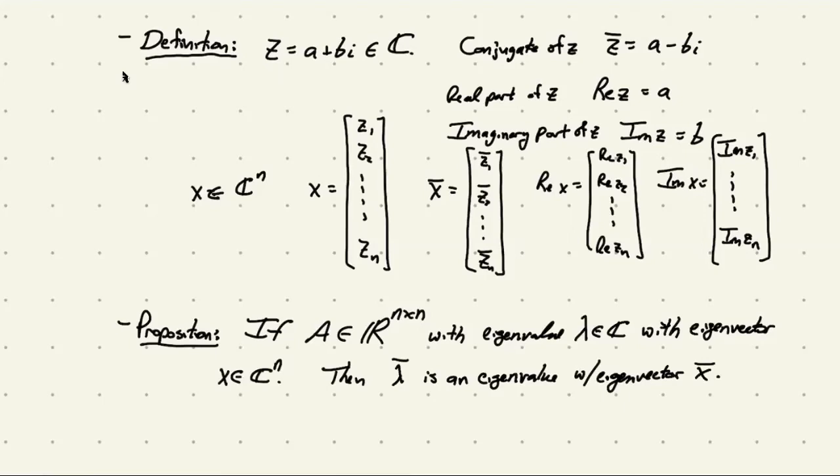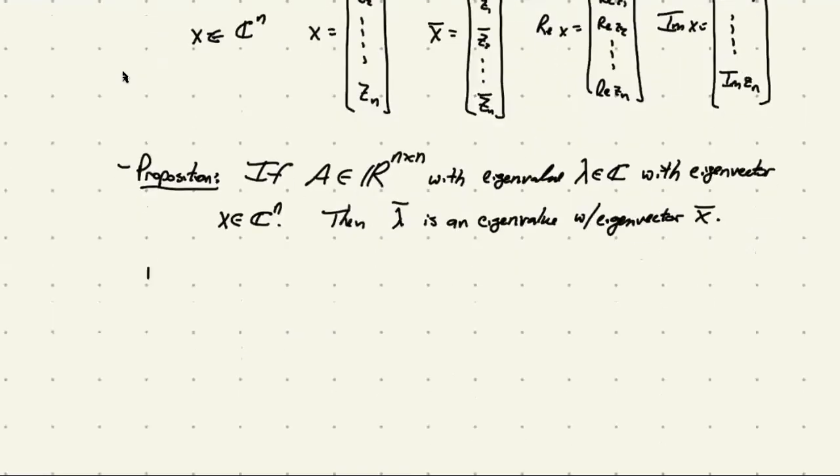Okay. So if I'm looking at Ax equals lambda x, I'm going to take the complex conjugate of both sides of the equation. One of the things you can do with complex conjugates is split them across multiplication.